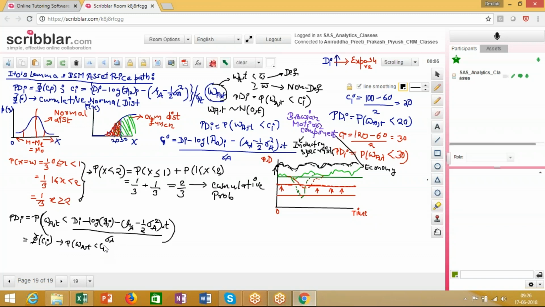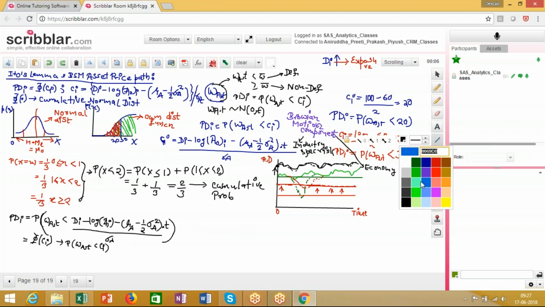For a value of C_i which is greater than some C bar, the account would not be defaulted. So let us see what this particular thing is all about. Here, what we have is a cumulative distribution function.